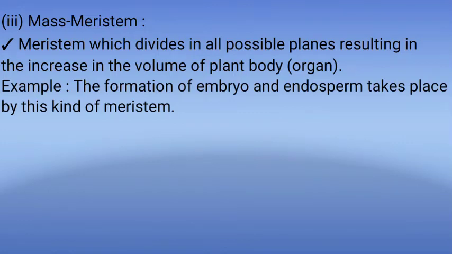Number 3, mass meristem. Meristem which divides in all possible planes, resulting in the increase in the volume of the plant body or an organ. Example, the formation of embryo and endosperm takes place by this kind of mass meristem.